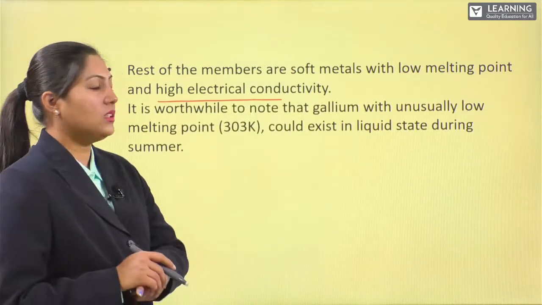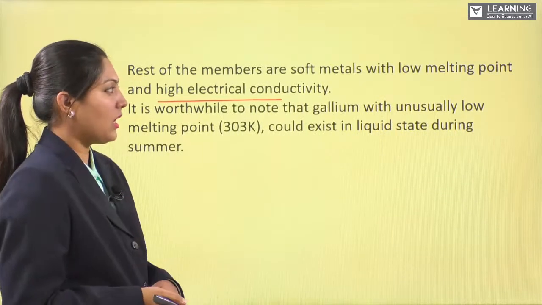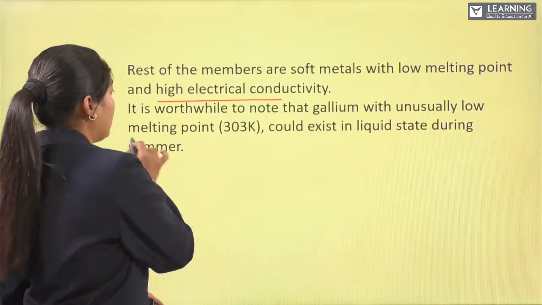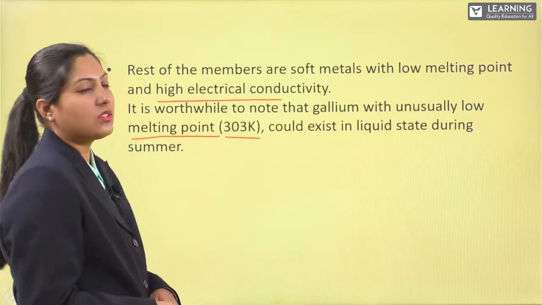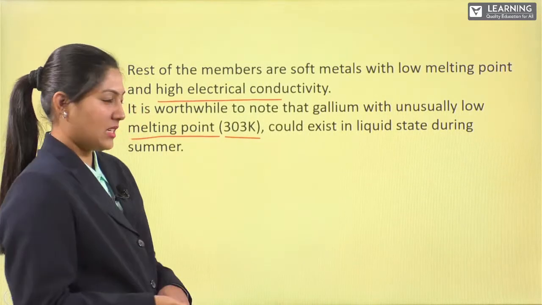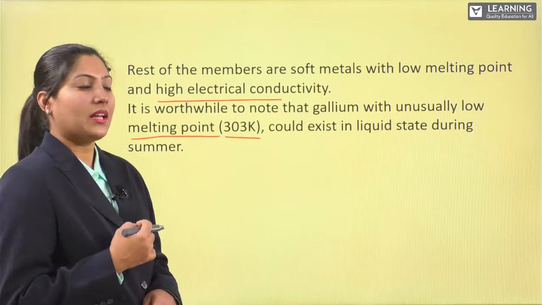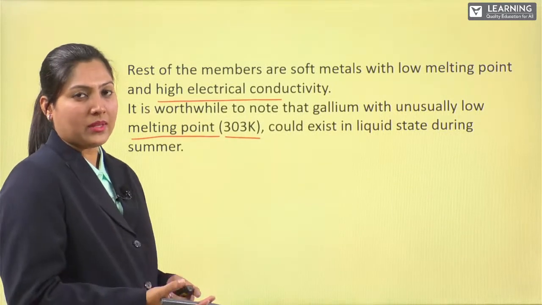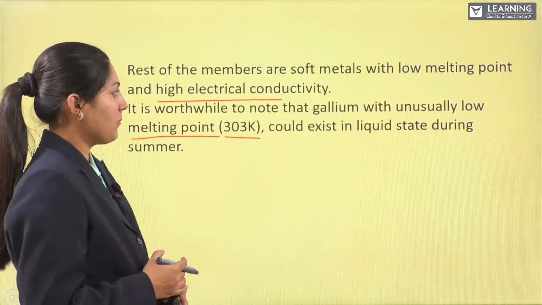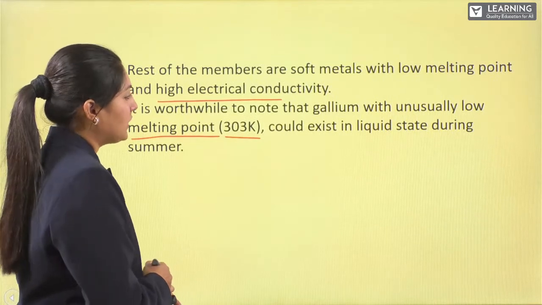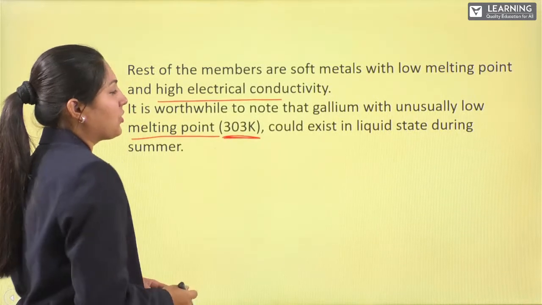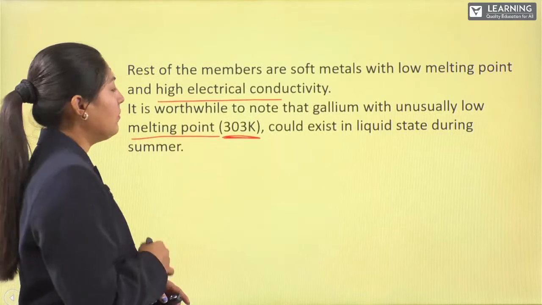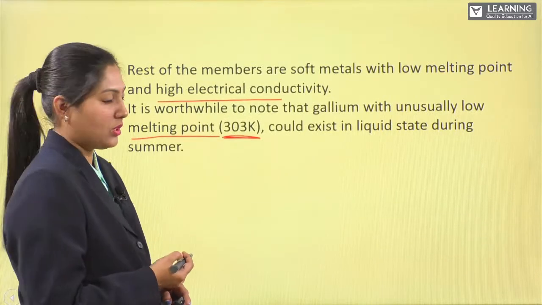It is worthwhile to know that gallium has an unusually low melting point, 303 Kelvin, because gallium can exist in liquid form at 32 degrees. So at 303 Kelvin gallium will be at its melting point.